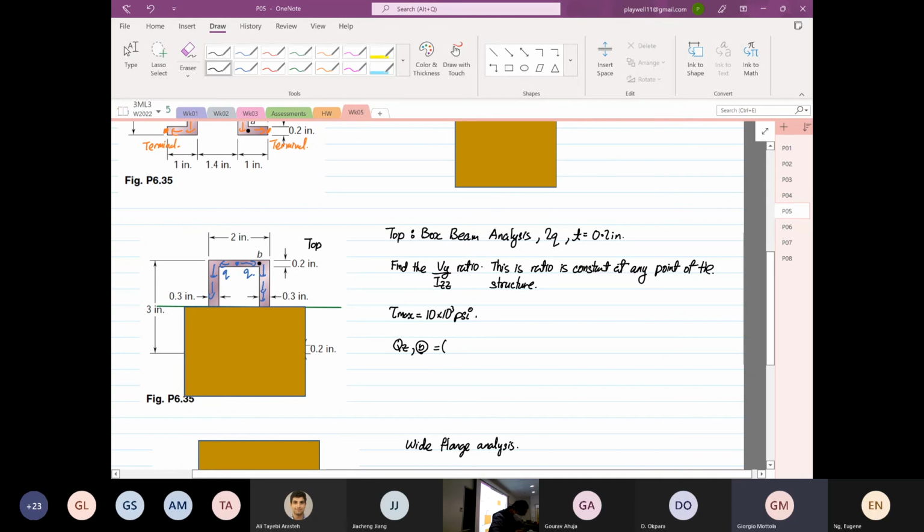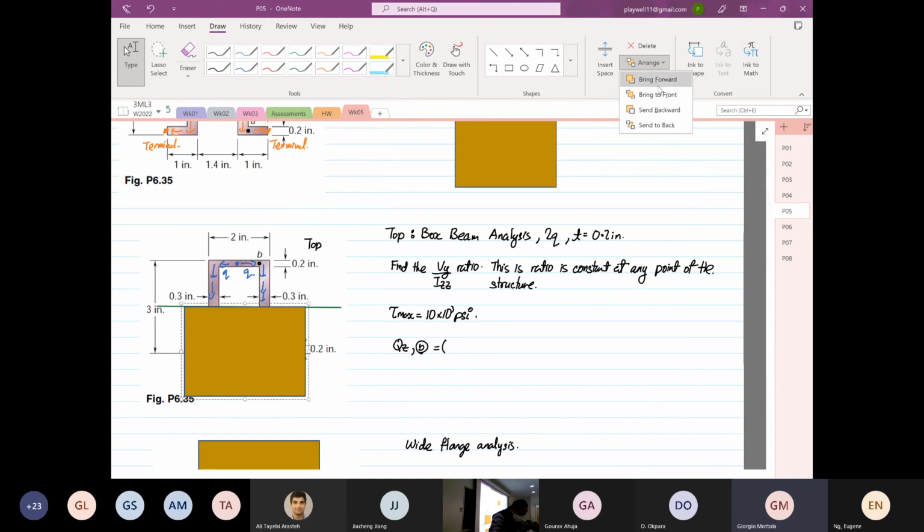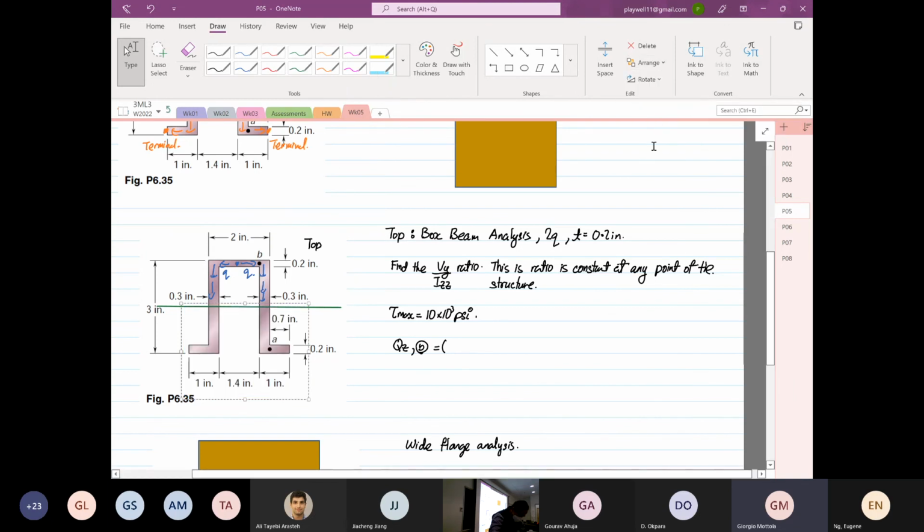So the width. Let me see. Can I bring this to the back? Can I arrange? Send back. Oh shoot! Now send back, you cannot see anything. I move forward, bring forward. No. Sorry, my bad. I'm going to send this to the back.